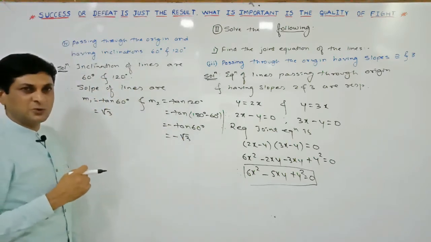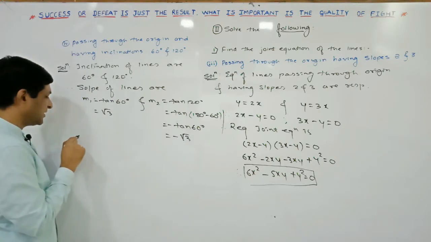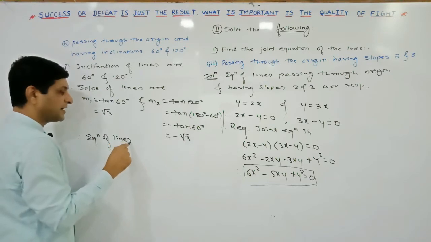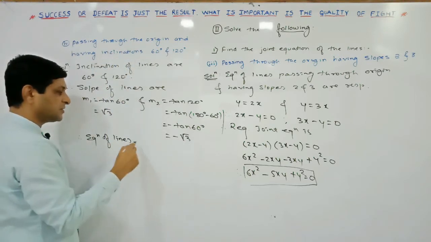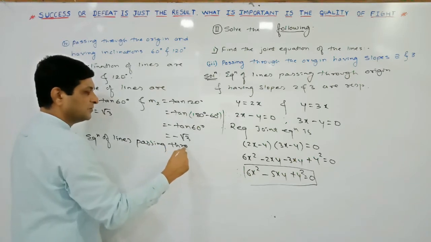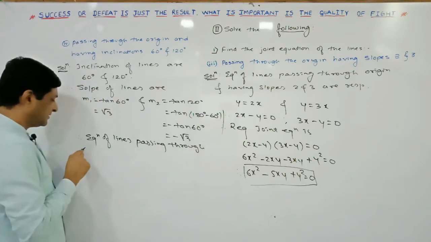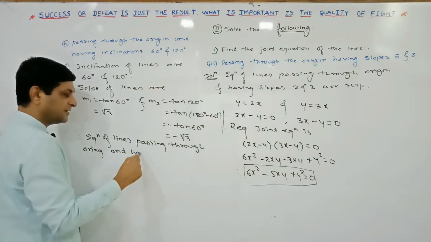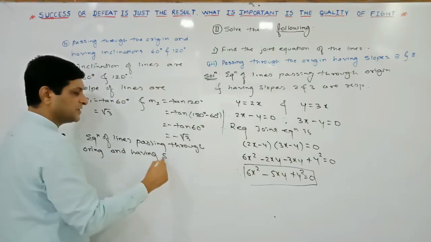Once the slopes are known to us, we are easily able to find out the equation of the line. So therefore, the equation of lines, our line passes through what? Origin. Equation of a line passing through the origin and having slopes. What are the slopes here?